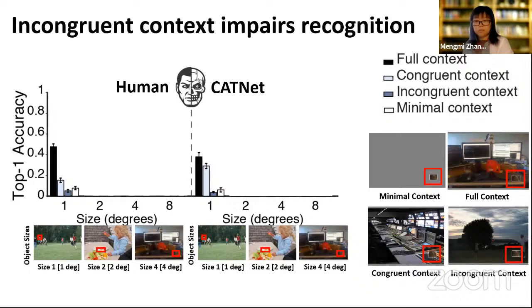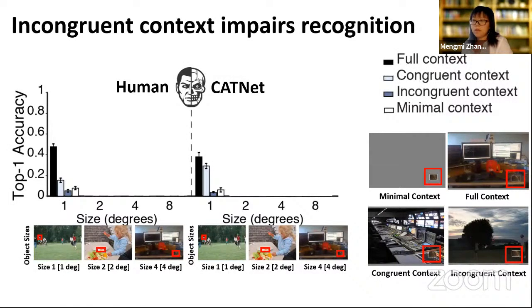Okay. As Peter just mentioned, the congruent context typically shares similar correlations, but this lower contextual facilitation may be due to the mismatched relative size between objects and the unnatural boundaries that we introduce during pasting.